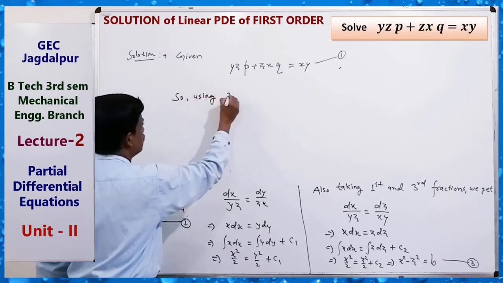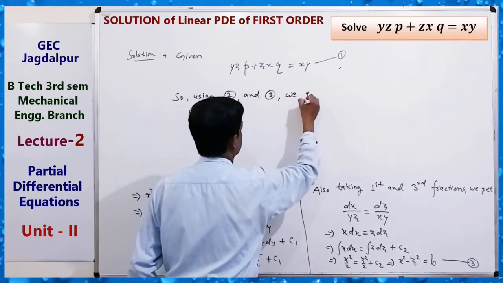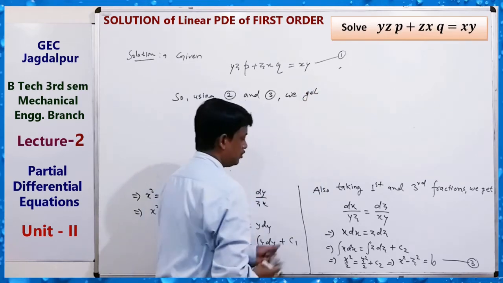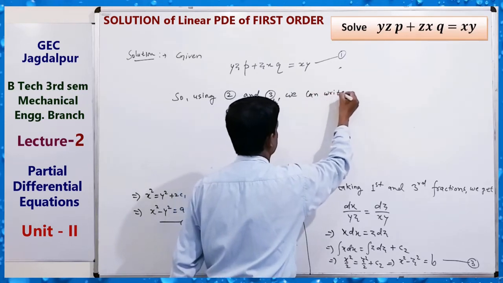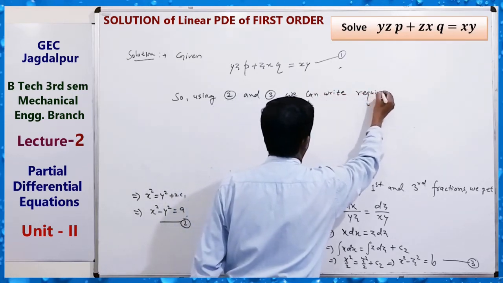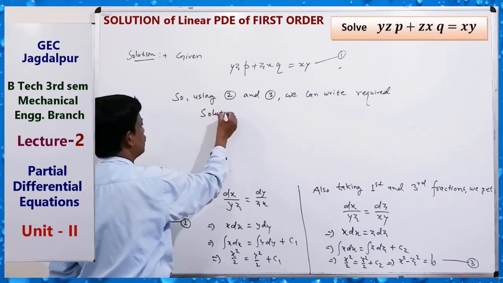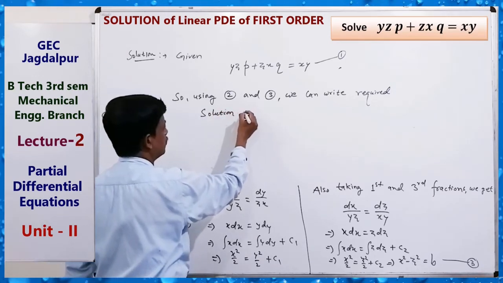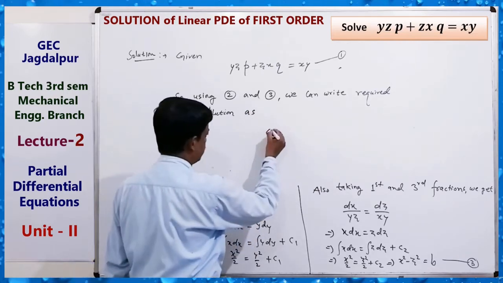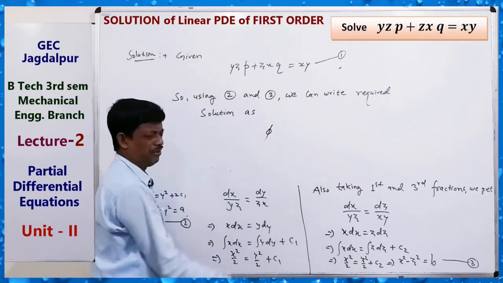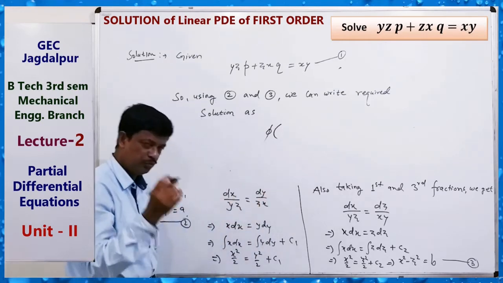Using 2 and 3, we can write the required solution as a function of u, v, either phi or f, equals 0.